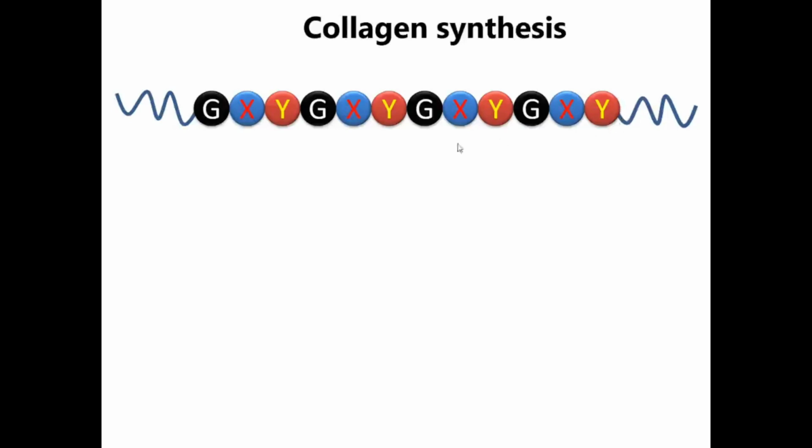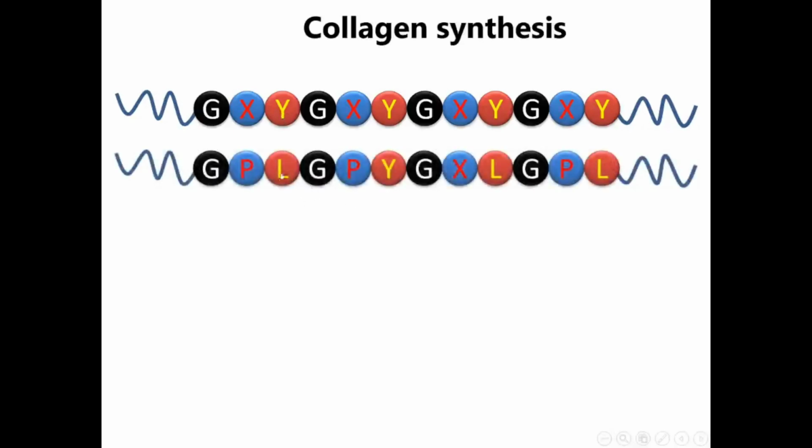The central domain is rich in glycine. Every third amino acid is glycine. The two other positions, X and Y, can be any amino acid, but in collagen we have more proline and lysine. So we can say the central domain of each alpha chain is rich in glycine, proline, and lysine.